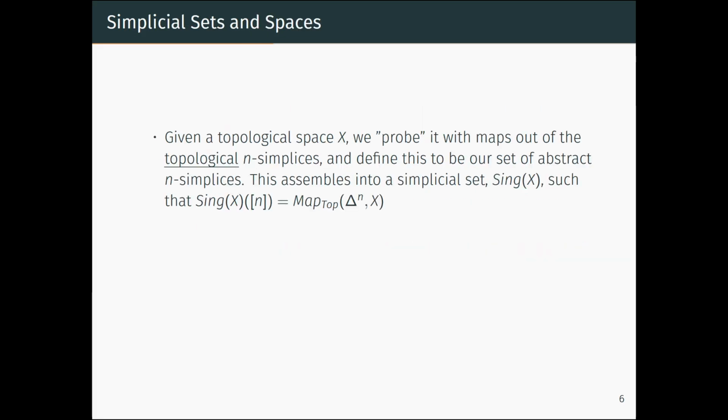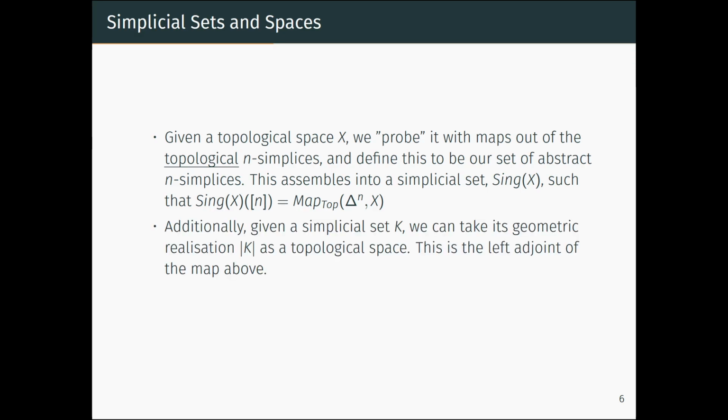A nice example of this is if we have a space X, we can probe and test it with maps out of the standard topological n-simplices. We can take all these maps and define that to be the set of our abstract simplices. This assembles into a simplicial set called the singular complex of X. We can also take a simplicial set and send all these abstract simplices to the topological ones.